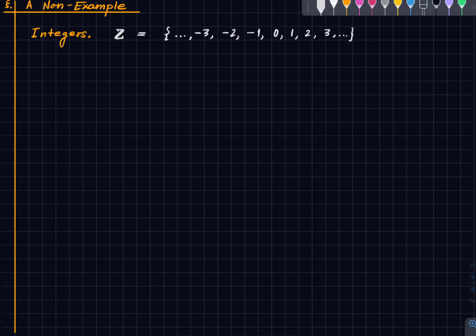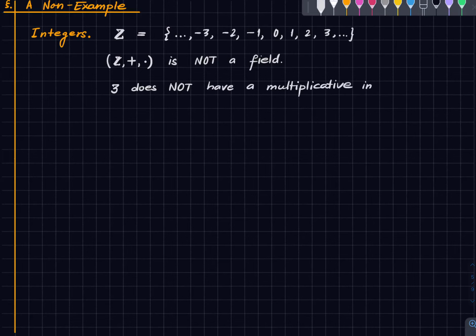And this triple, the usual addition and the usual multiplication that we perform on integers, this is not a field. Why is that? Because you take this number 3. 3 does not have a multiplicative inverse. Which means what?